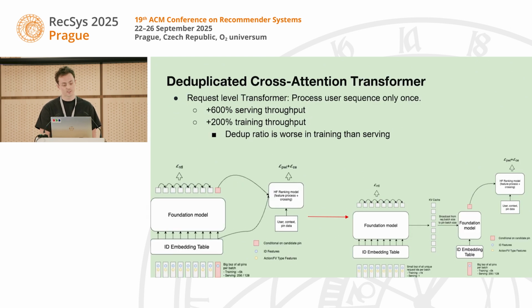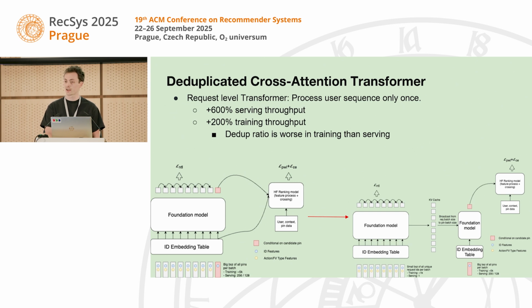The way that we do this is through the deduplicated cross-attention transformer component. You can see the paper for a more rigorous treatment of this. But it's largely shown in the diagram here, where instead of processing the user sequence and the candidate pin for each candidate pin, first we process the user sequence for each unique user sequence.